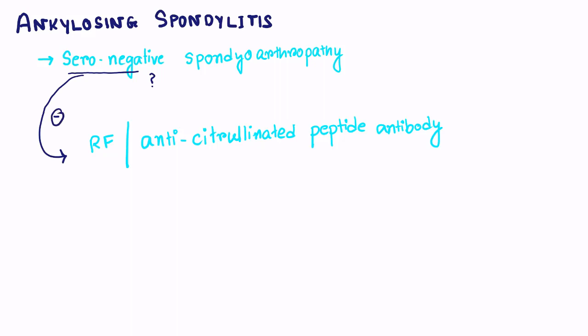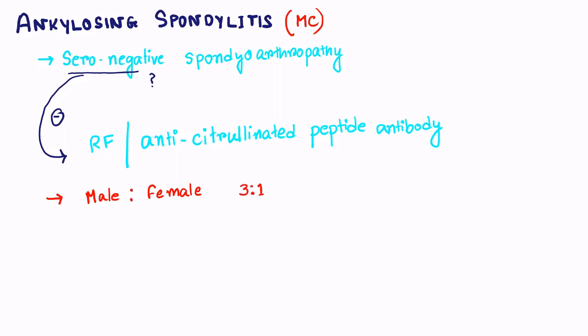Now, when a patient tests negative for rheumatoid factor and anti-CCP antibodies, yet they still display strong symptoms consistent with rheumatoid arthritis, they are given a diagnosis of seronegative spondyloarthropathy. The most common type is ankylosing spondylitis.